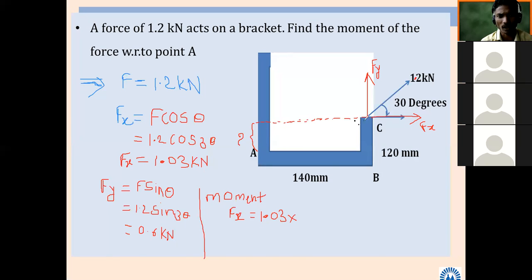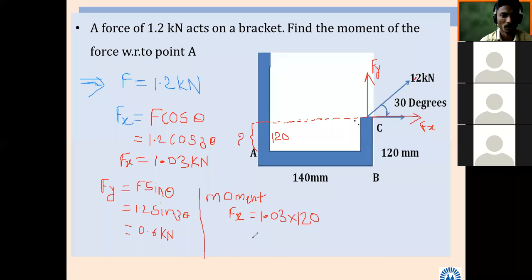Are you getting how this 120 came? Because here a vertical 120 is given, so I have extended this back so that this distance comes to 120. Is there any problem? Because this is the most important part in this problem, this will become 120.